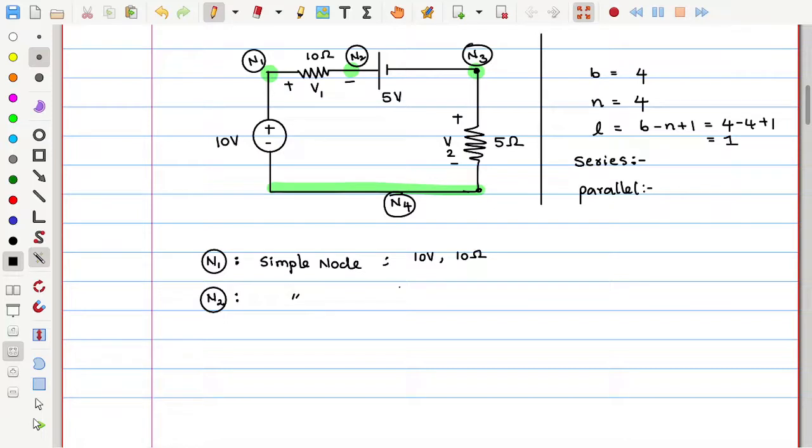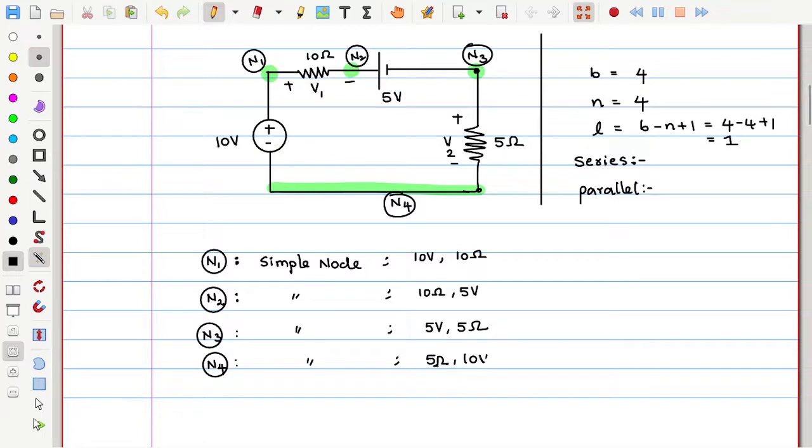Next, N2 is also a simple node because it is connecting only two elements, 10 ohms and 5 volts. N3, what kind of node is this? This is also a simple node because only two elements are connected, the 5 volts and the 5 ohms. What about N4? Simple node. The elements connected are 5 ohms and 10 volts.